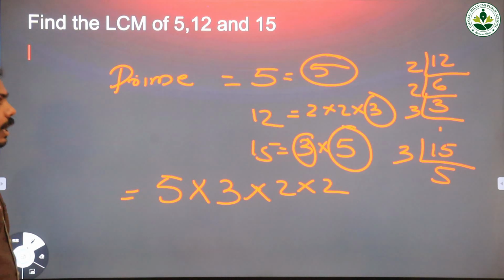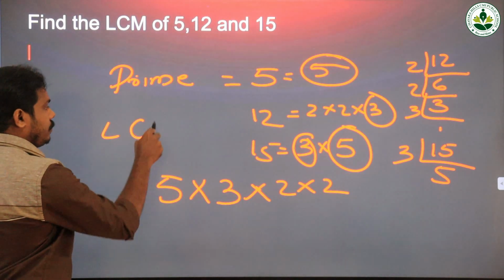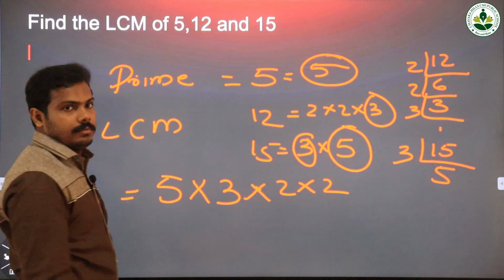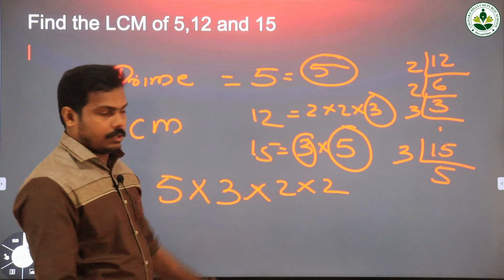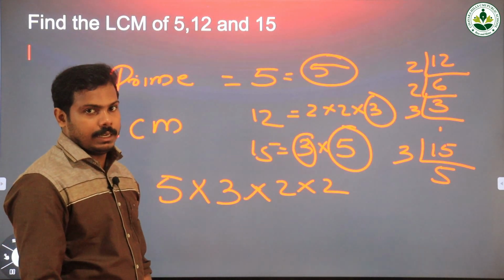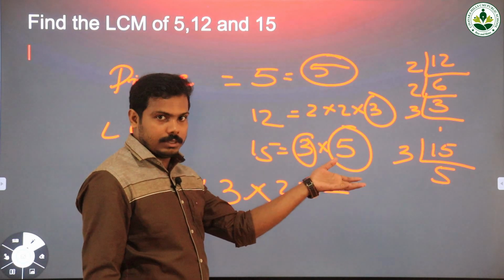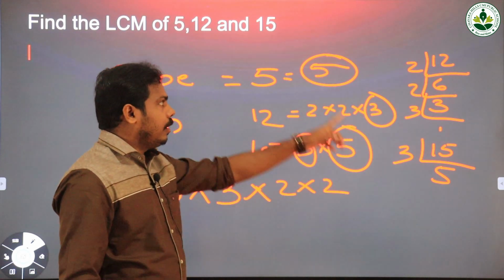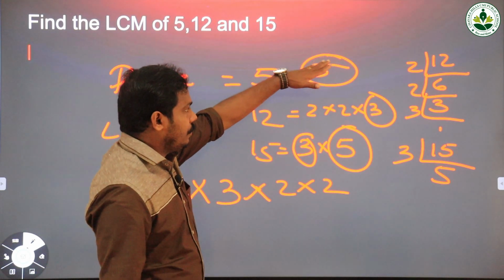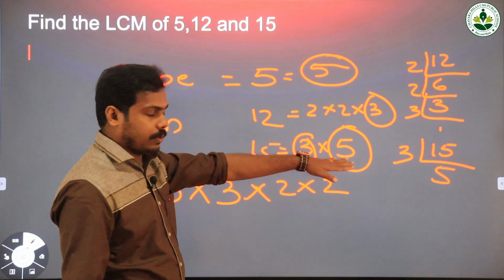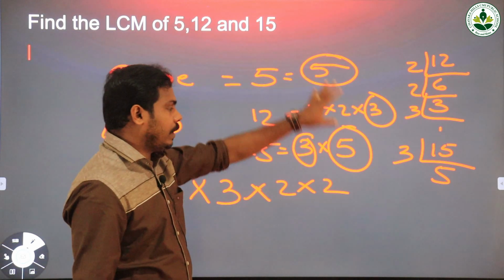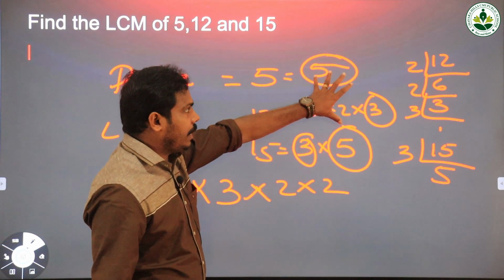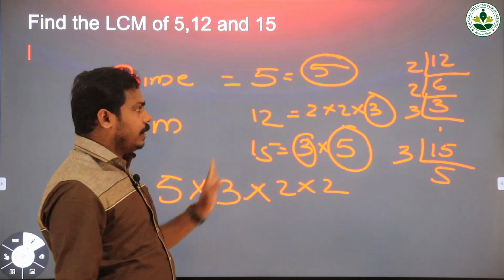Once more I will define the LCM. Find the prime factorization of the given numbers, then take the common factors once. Here we can see 5 is there in the prime factorization of 5 and the prime factorization of 15, so we take 5 from that pair once.